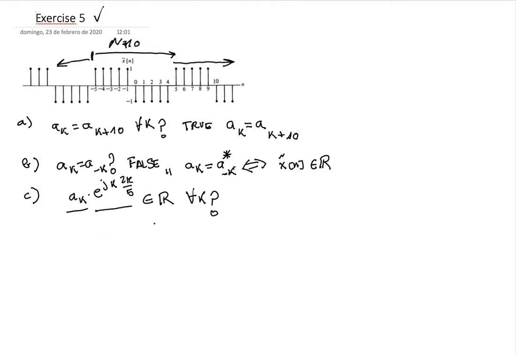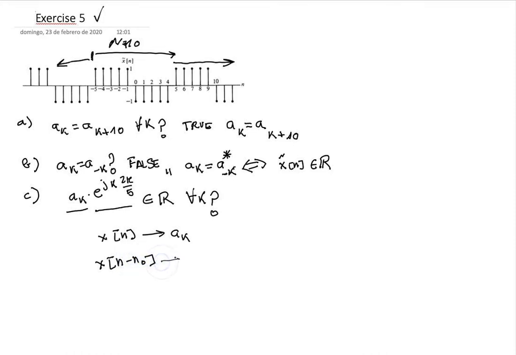So here this has to ring you a bell, and somehow remember one of the properties that we saw in class, which was the following. If we have a signal x[n] which has a set of coefficients a sub k, and now we wonder what will happen with the coefficients if we take the signal and we displace it a certain amount of time n0.